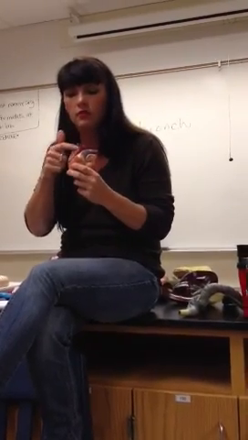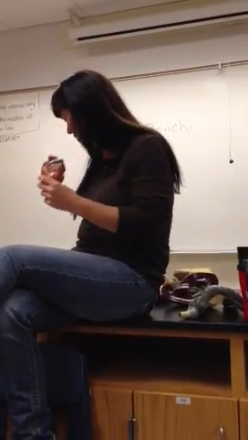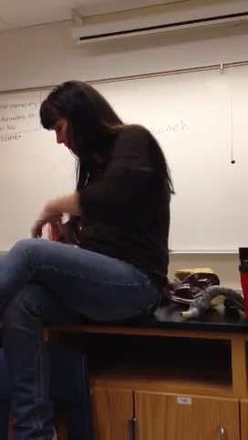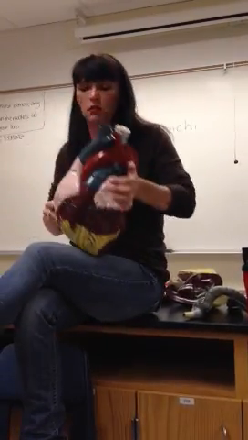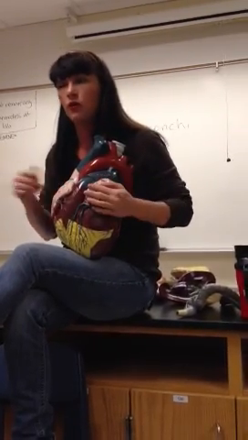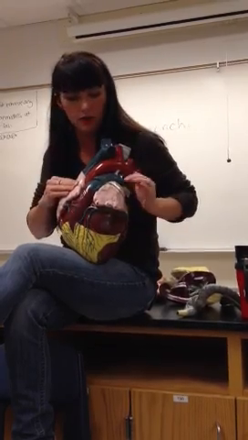What are these? Auricles, big and giant. The right auricle. Left auricle. What do I know is directly underneath here? Right atrium. These are right on top of the atria.